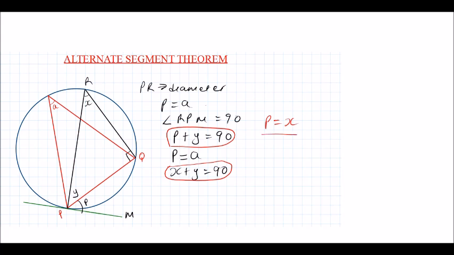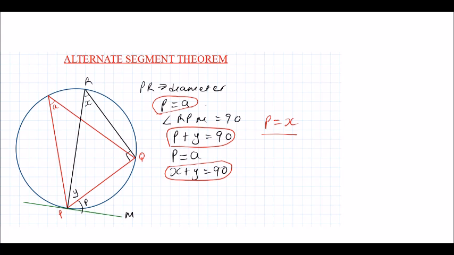And initially we had said P is also equal to A. So both of those are the same. Therefore, using this triangle PRQ, we have shown that the angles subtended by the same chord are equal.